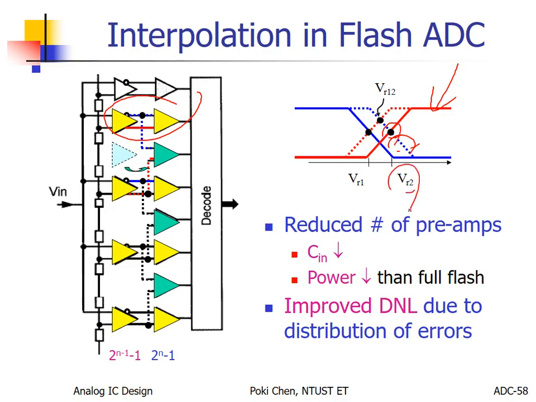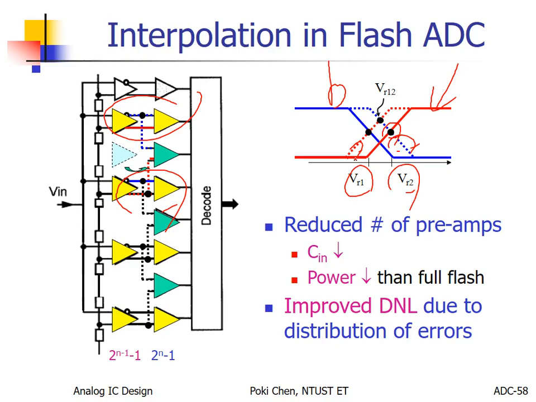It is here, VR2. Okay? And how about my bottom neighbor? Here, VR1. Okay? So for VR1, it has the solid blue line and the dashed red line. Red for positive, blue for negative. I mean for output.